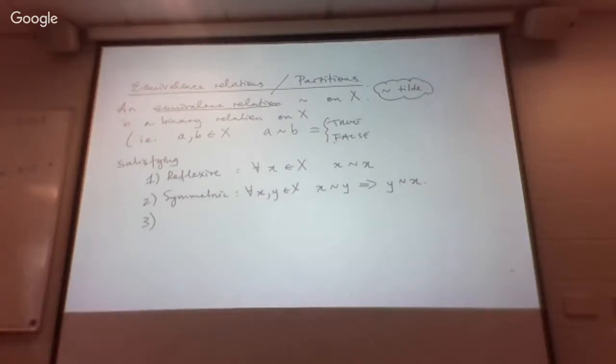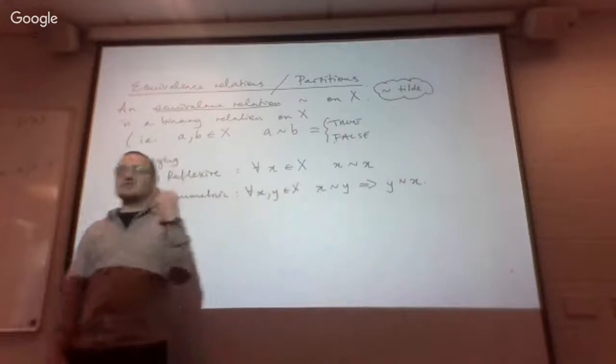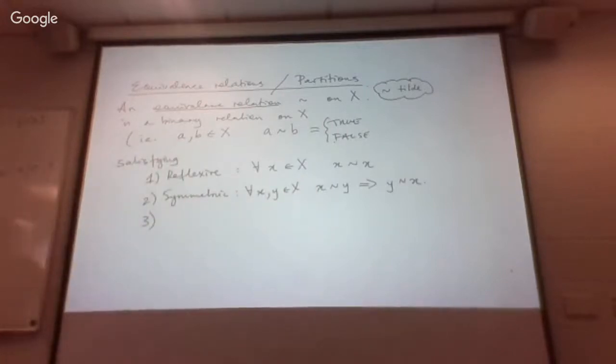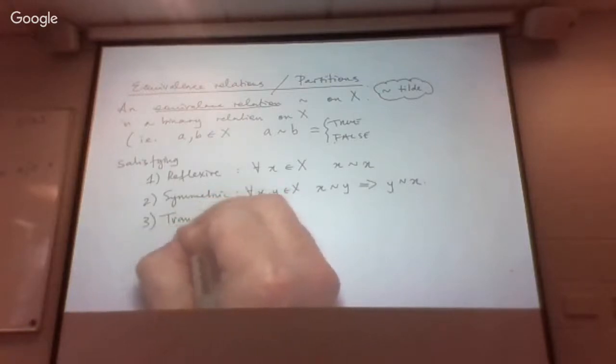Of course, not all relations are symmetric. The most obvious example is the strictly less than or strictly greater than relation. If something is strictly less than something else, the relation does not hold the other way around. 1 is strictly less than 5, but it's not true that 5 is strictly less than 1. So symmetry is a nice property for a relation to have.